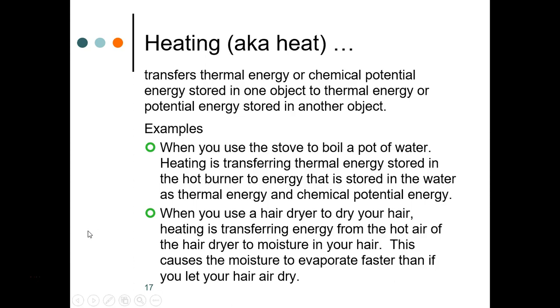Another example is when you use a hairdryer to dry your hair. Heating is transferring energy from the hot air of the hairdryer to the moisture in your hair. Finally, there are two ways heating can occur, either through direct contact, which is called conduction, or through contact with an intermediary medium like a liquid or gas, known as convection.